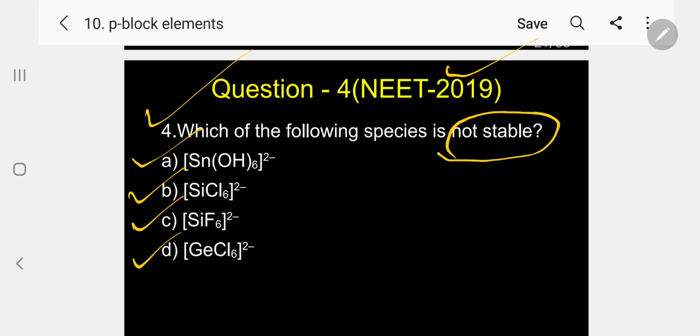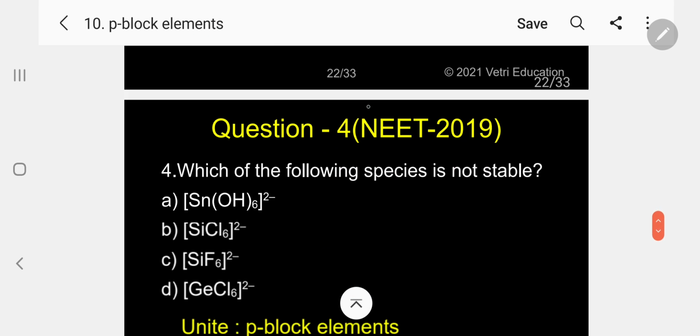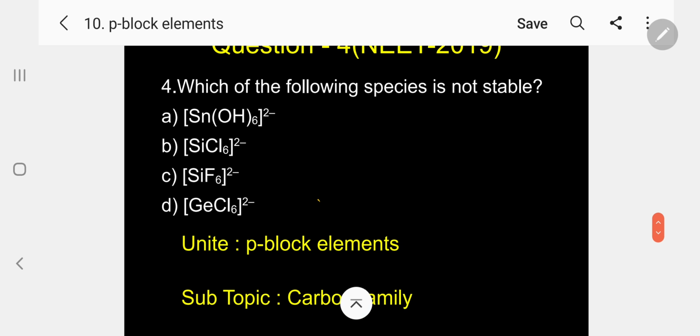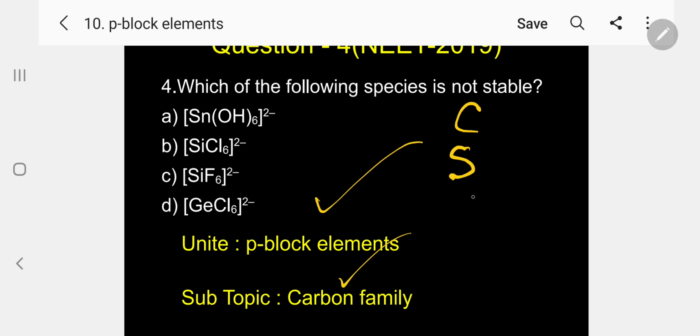Before that, let me introduce the topic. This is under P block elements, the carbon family: carbon, silicon, germanium, tin and lead.